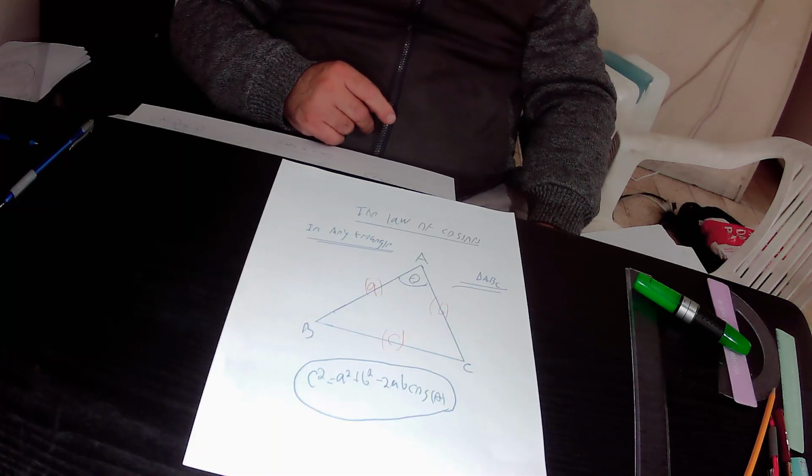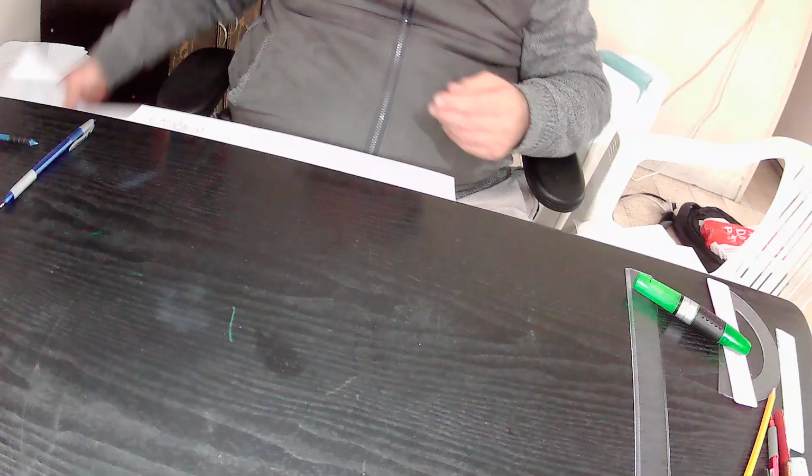So we can implement the law of cosines in our green triangle APC.